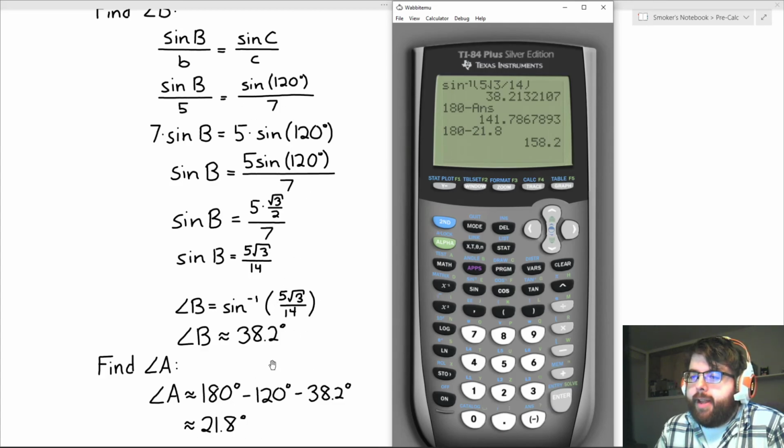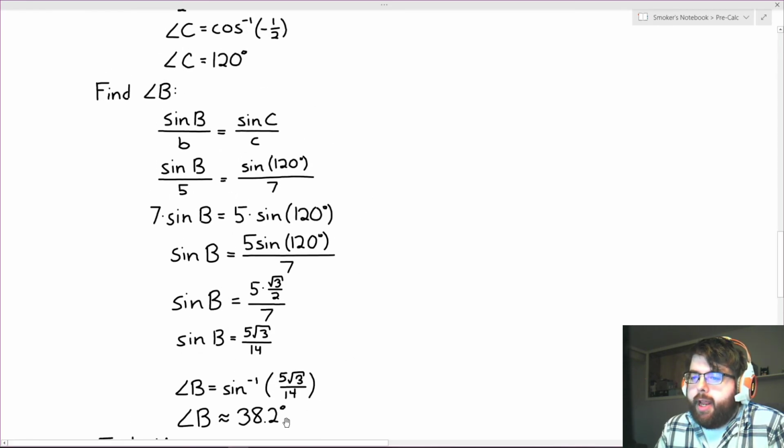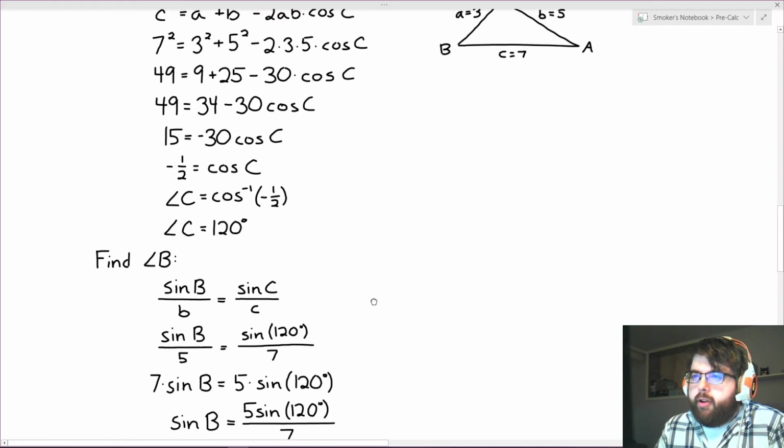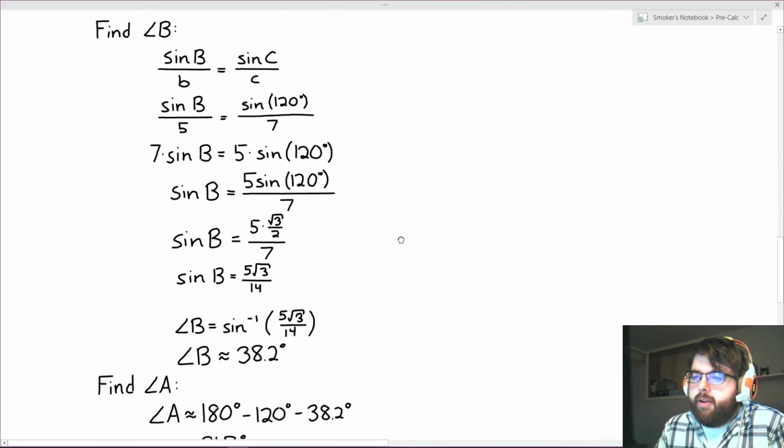But it's when you go to find the second angle that you'd have trouble. So I'd have 21.8, and then I'd find 38.2. Well, now I'm not sure if 38.2 is the solution or 141.8 is the solution, because 141.8 and 21.8 are both less than 180. But by finding the largest angle first, I eliminate the larger option for sine inverse. So for angle B, just find the largest angle first, and it'll be easier, is my point.